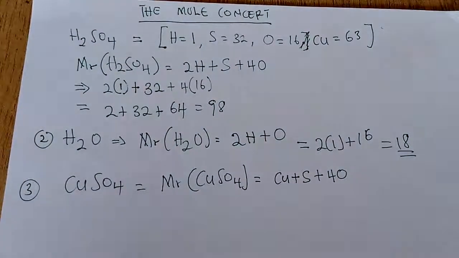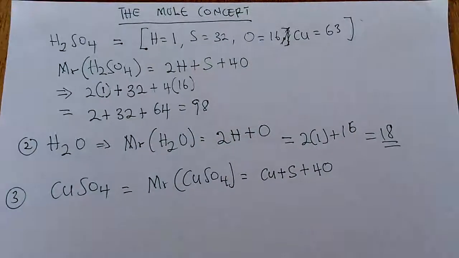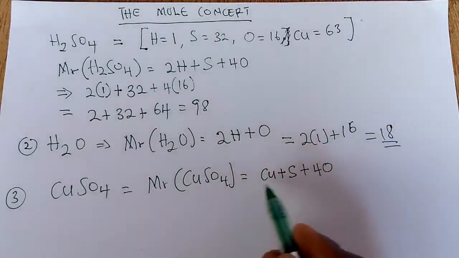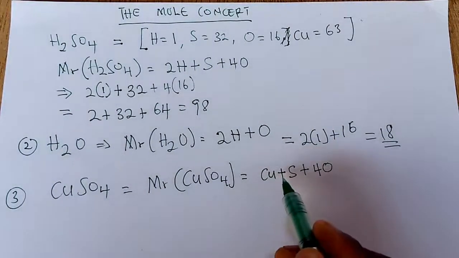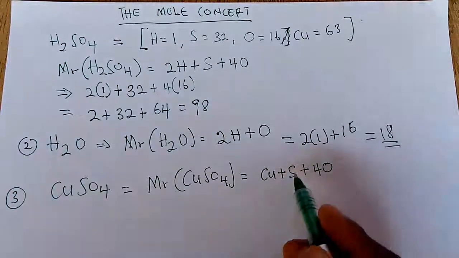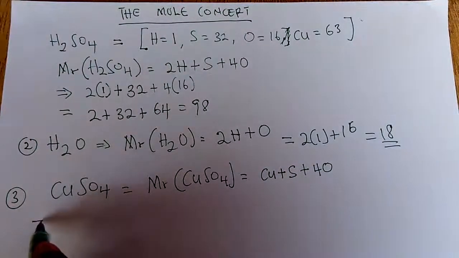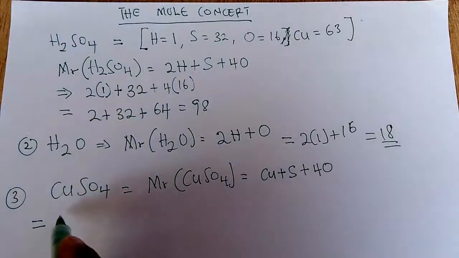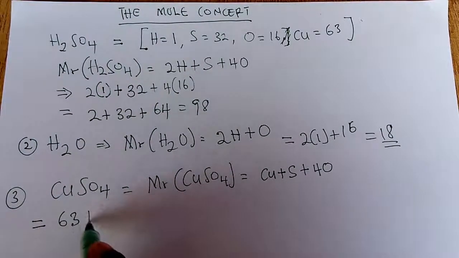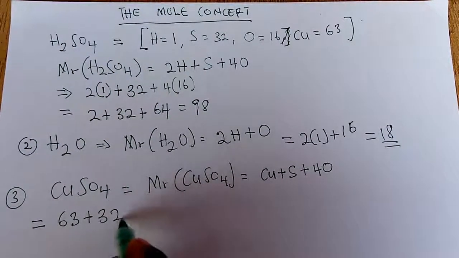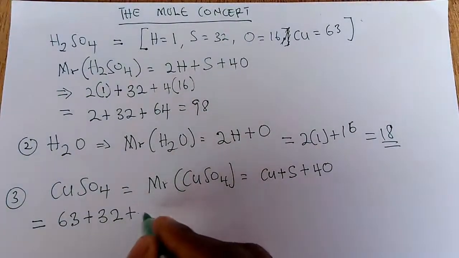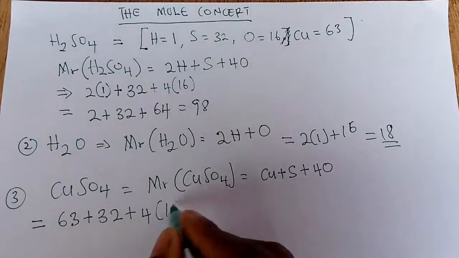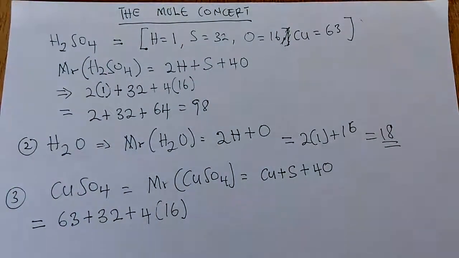So finally, what we are to do is just replace the atoms here by their relative atomic masses. So you have something like this. Copper is 63, so I have 63 plus 32 because sulfur is 32, plus 4, and the oxygen is 16 here, like this.